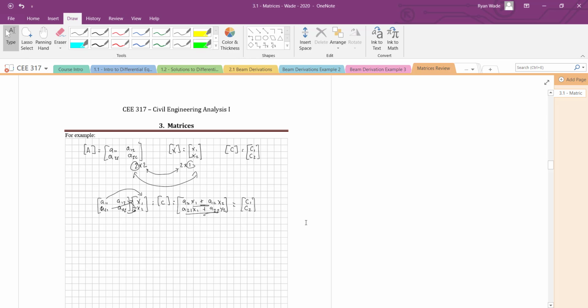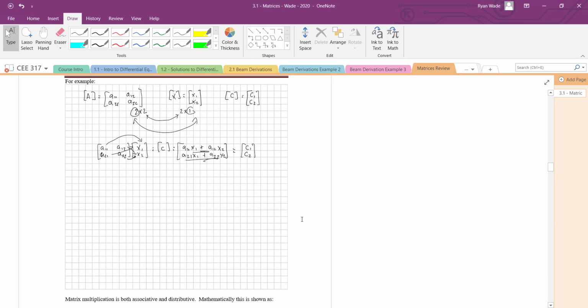So for example, with numbers, if we say that D is equal to 1, 3, 5, 2, 4, 6, and E is equal to negative 7, 8, negative 9, 10, 11, 0.